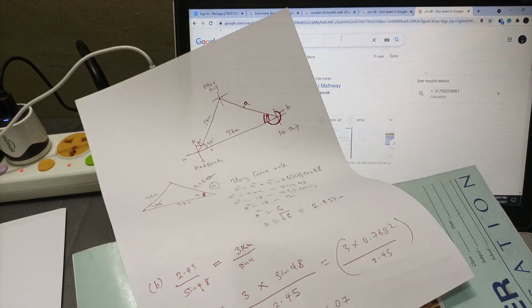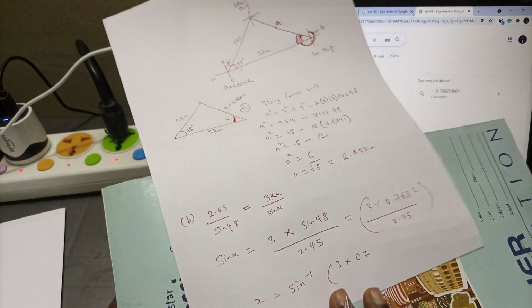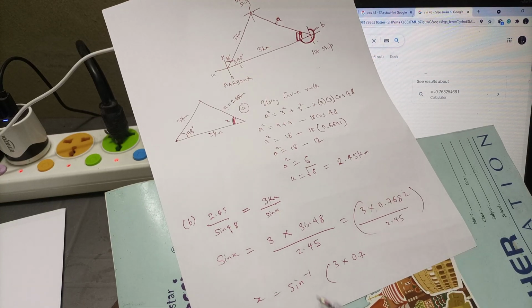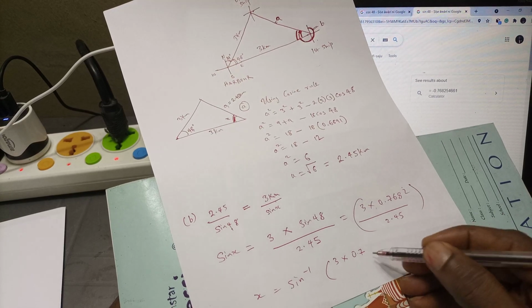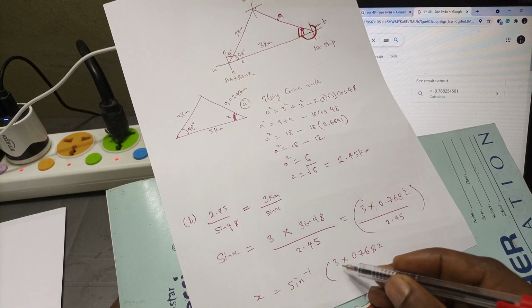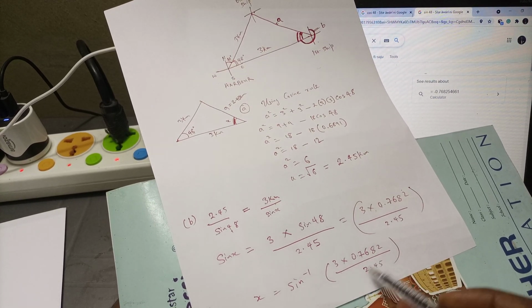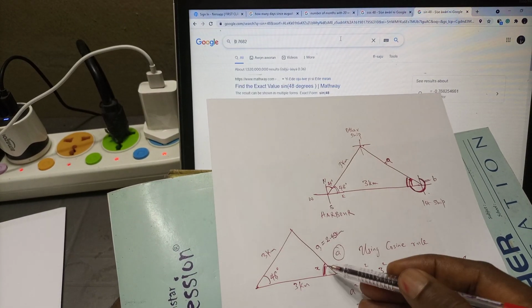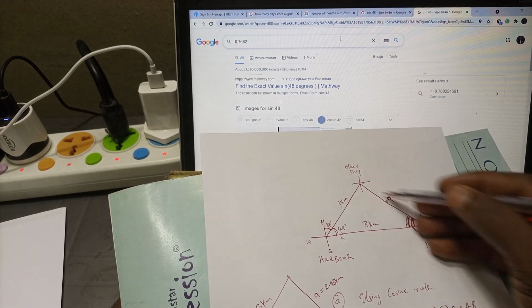Uh-oh, I'm not seeing my screen. I'm typing what I'm writing. Okay, so I just inputted sine 48 and this is it. So when you press 3 times this over 2.45, you look for the sine arc of whatever you get here, you get S. So S represents this angle, which represents the same thing here because this is a triangle.